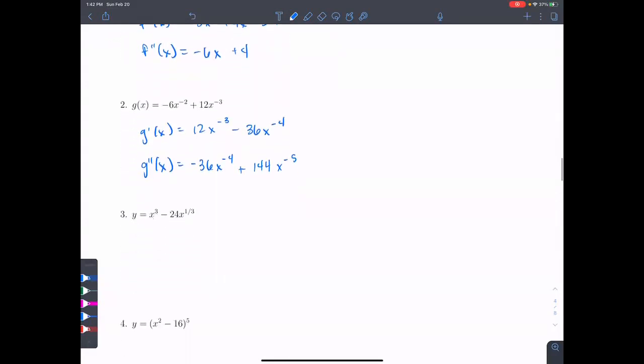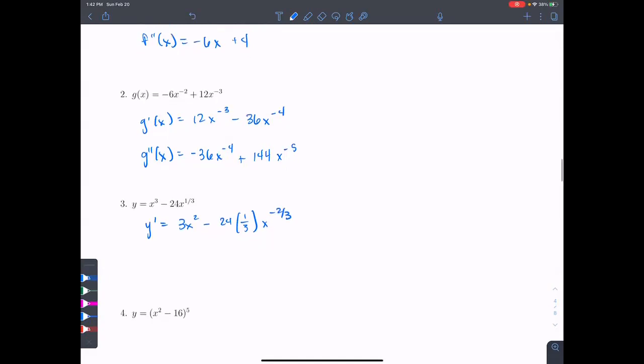Okay. Y prime here would be 3x squared minus 24 times 1/3 of x to the negative 2/3. I'm going to simplify that to make my life easier for taking a second derivative. That's 8x to the negative 2/3. That's y prime.